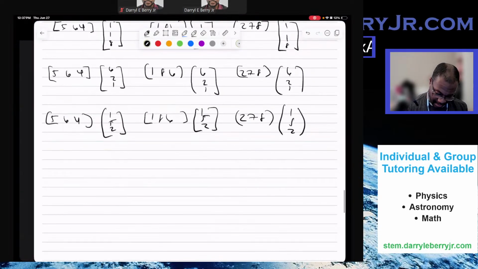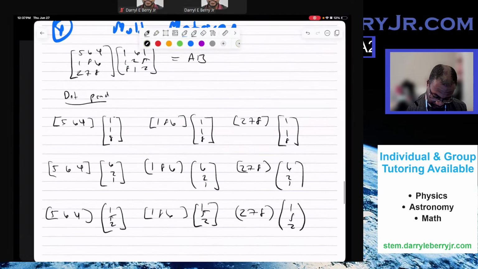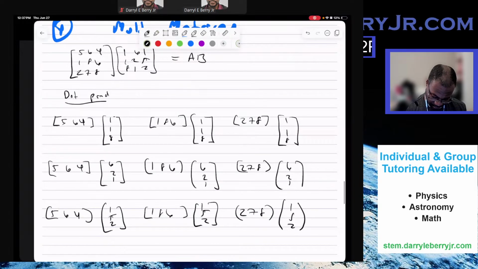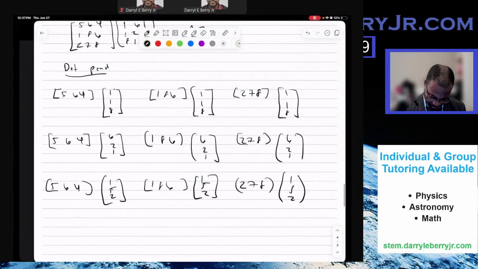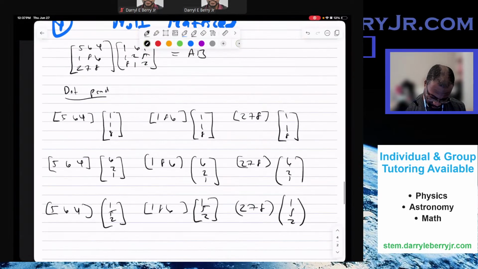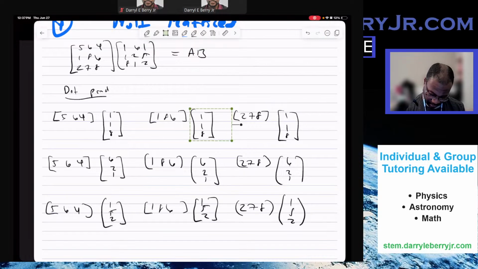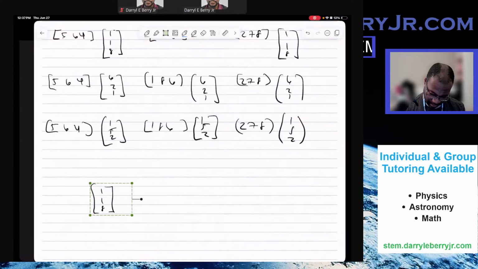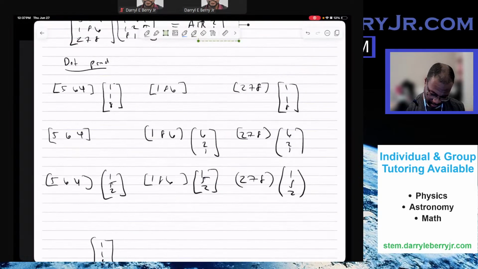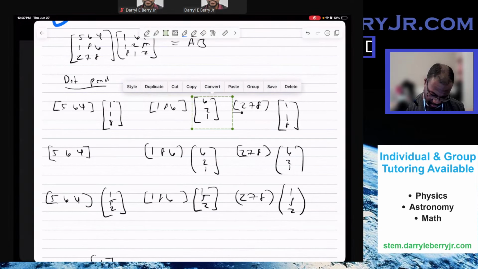Now I'm going to write this out how I normally write it. I'm trying to do it a different way. Right, so it looks like I mixed up my rows and columns. It's actually this row down.